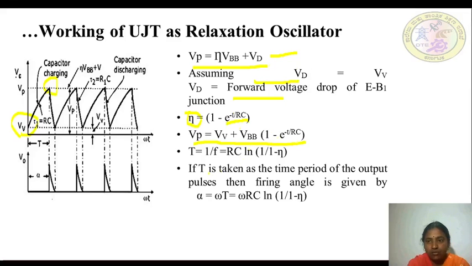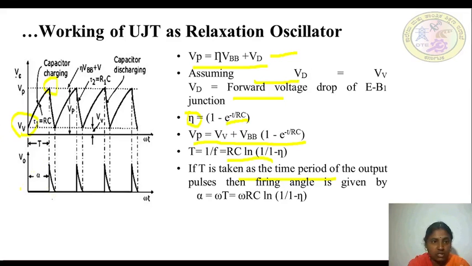Now if we solve for the T value from this equation and apply logarithm to the base e, we will get the equation as T is equal to 1 by f, that is RC ln of 1 divided by 1 minus eta, where T is taken as the time period between the charging and discharging of the capacitor.